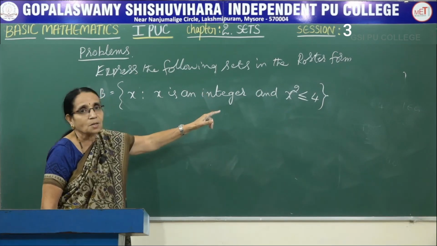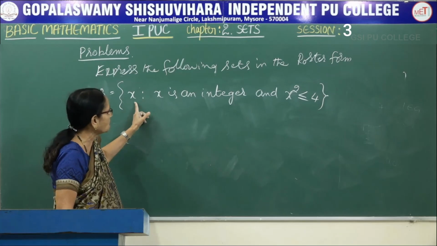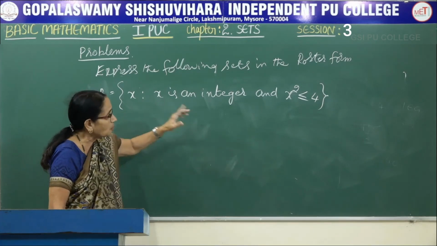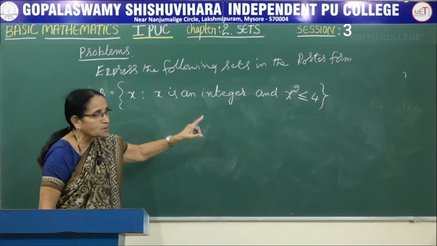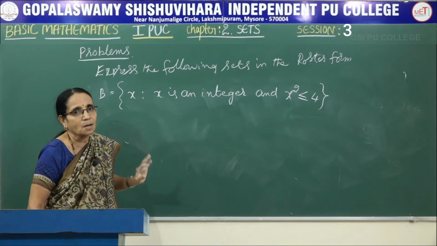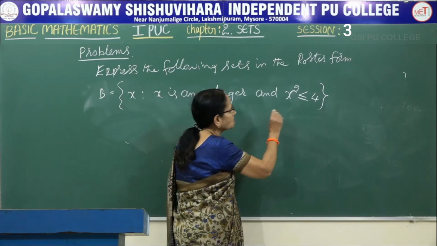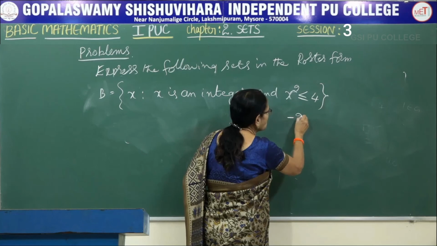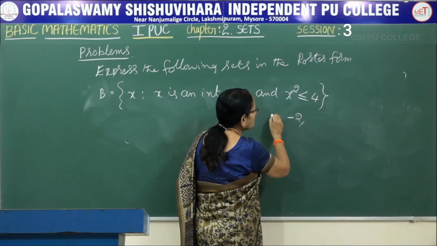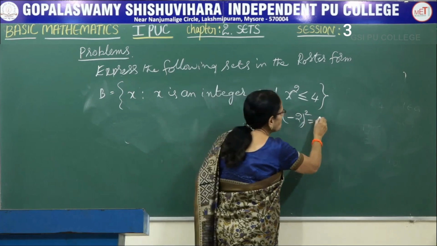But one more condition is given: the square of the number x is considered here, x square should be either less than 4 or equal to 4. So, we are having equality also. Now, you just give the value x equal to minus 2. If you give x equal to minus 2, what is minus 2 whole square? This is equal to 4.